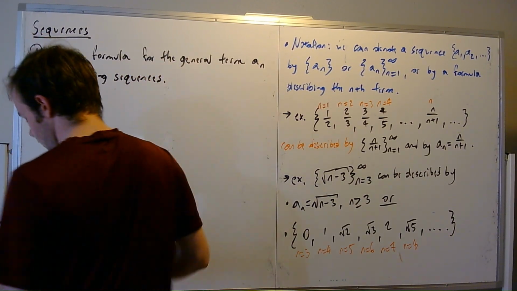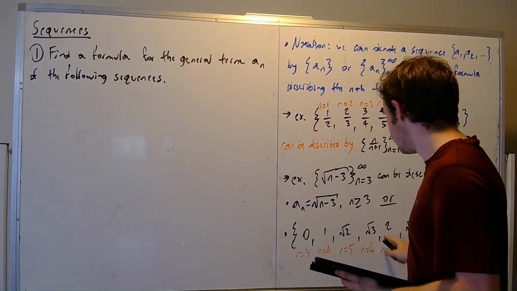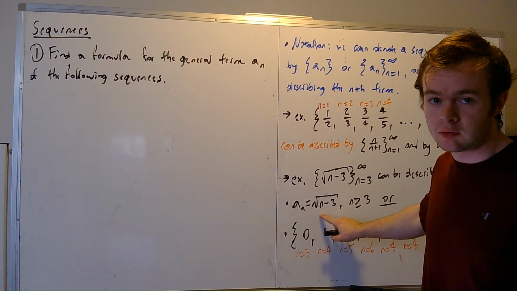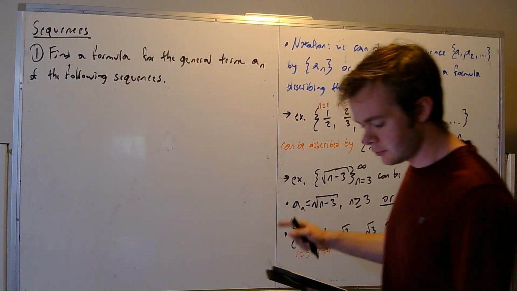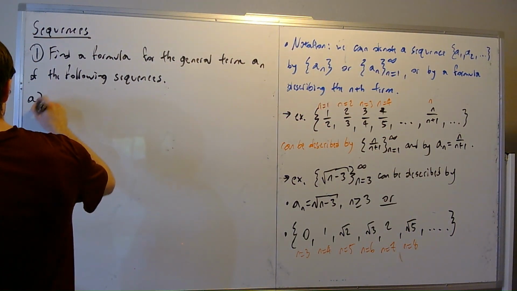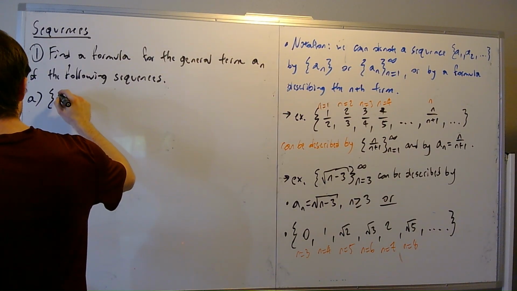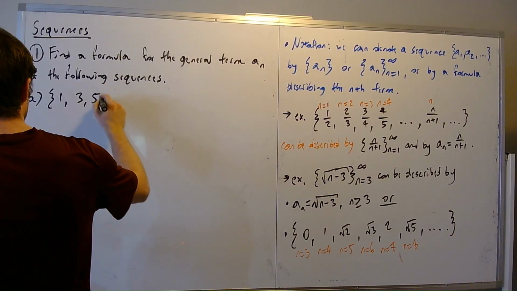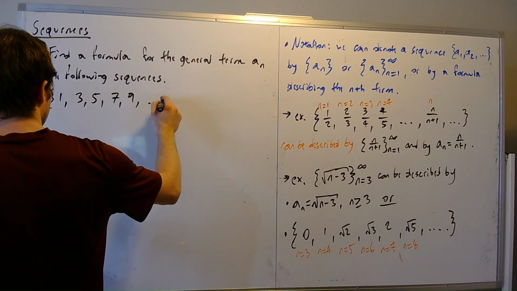They're just going to give you a list of sequences, and you've got to figure out what formula we're using. There's not always going to be a nice formula like this, but for these ones, there will be a nice formula. So let's say our first sequence is 1, 3, 5, 7, 9, and so on.